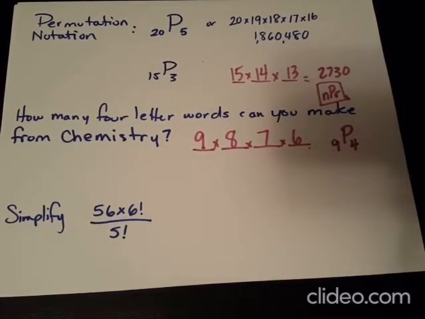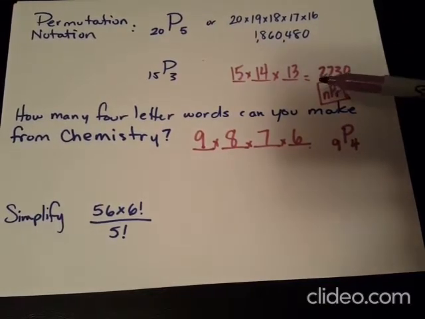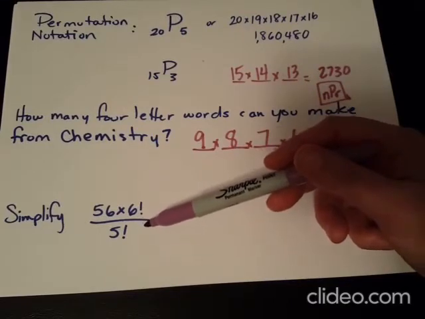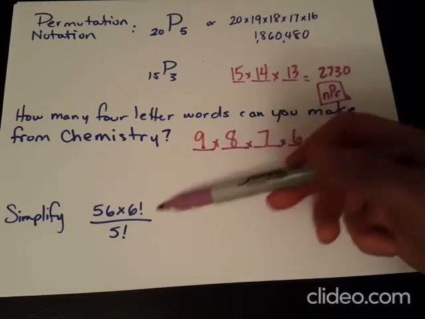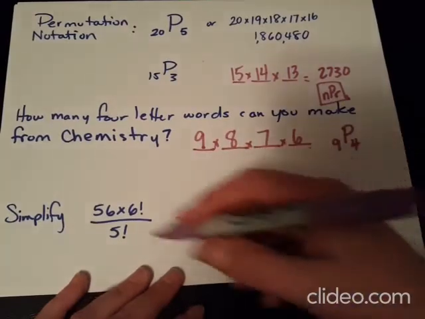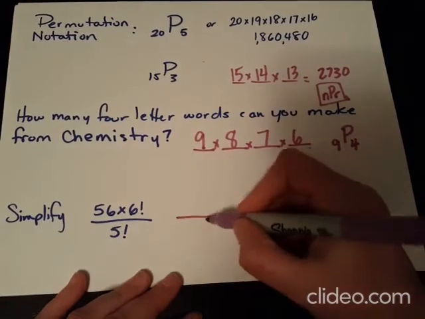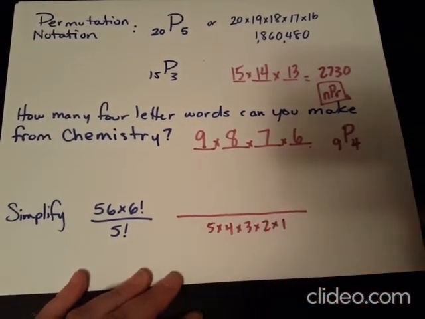The last thing that I want to look at is simplifying. This is just playing around because, as you can tell, these numbers get really big. So sometimes when we have factorials, we like to expand them and then cancel them out. I'm going to expand this here. With the 5 factorial on the bottom, if we pull that out, it's 5 times 4, and we want to take it all the way down to 1.